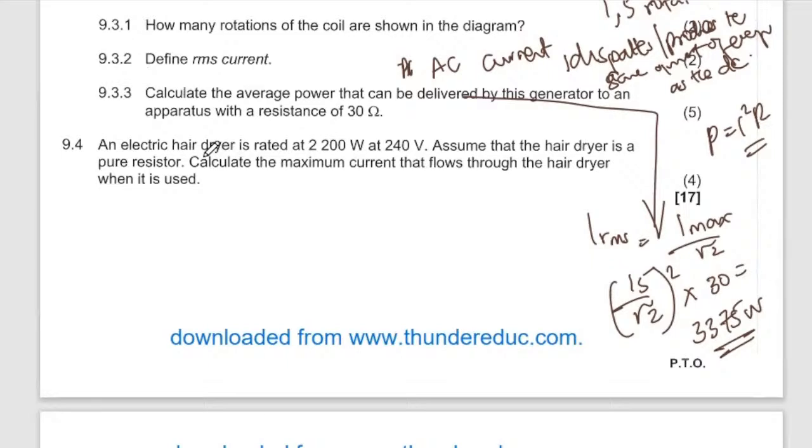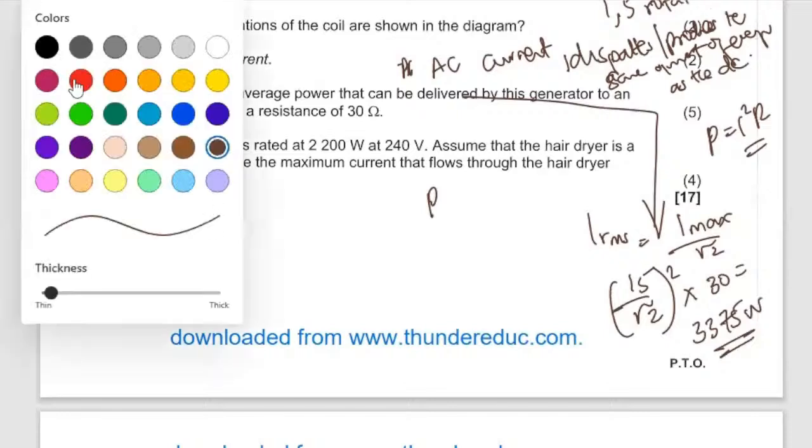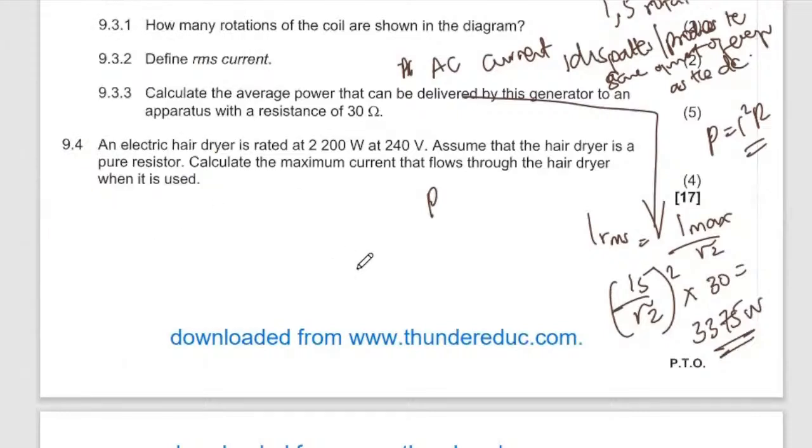So what we can see then is that we have the power. Okay, so we know that the average power is I times V. Now, what is our power? It's 2.2 kilowatts. What is our current?